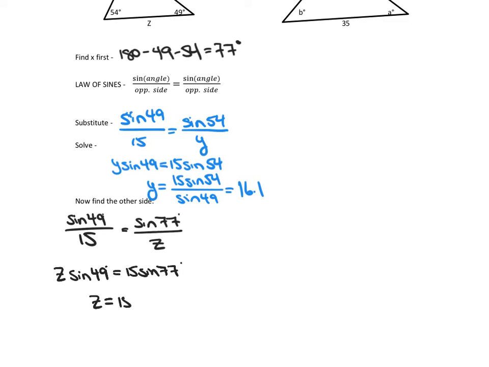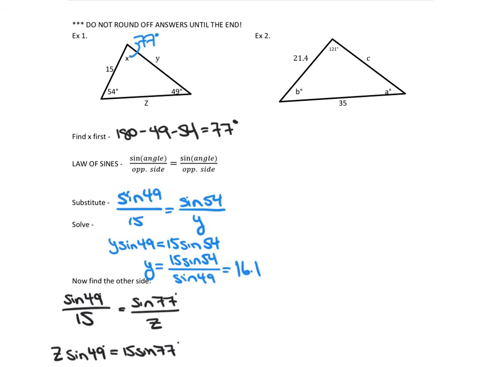Then z is 15 times the sine of 77 degrees divided by the sine of 49 degrees, which when we type into the calculator gives us 19.4. We can label those back on our original triangle. y is 16.1 and z is 19.4.